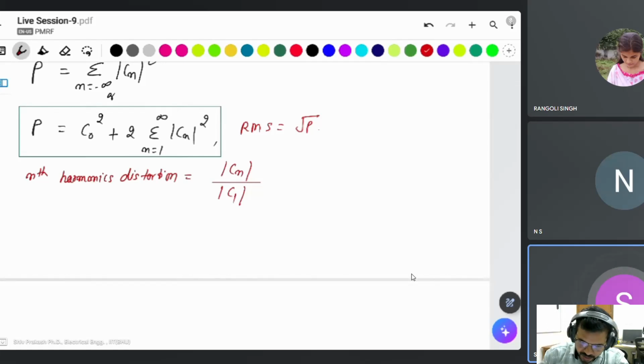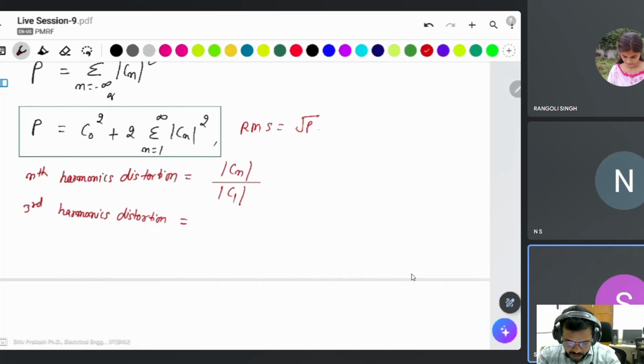For example, if you want the third harmonic distortion, it means how much that harmonic order affects the whole signal. If it is 0, it means only the fundamental signal is there, like a sinusoidal signal in AC form; all others are 0.